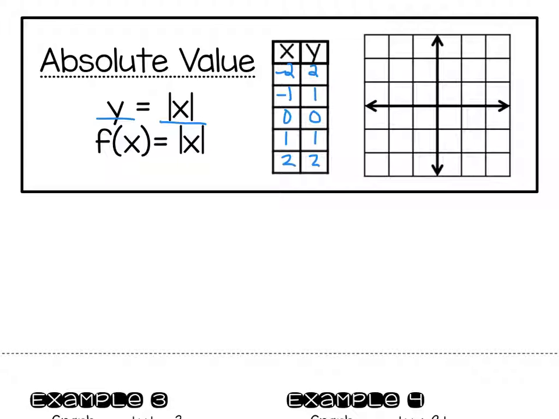And so now we can graph those. We go -2, 2, and there's a point; -1, 1; 0, 0; 1, 1; and 2, 2. And you'll see that we have this nice V with arrows saying that it's going on forever in the positive infinity direction.